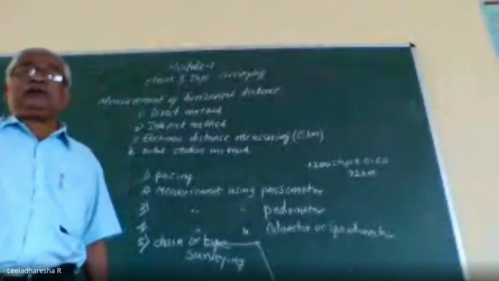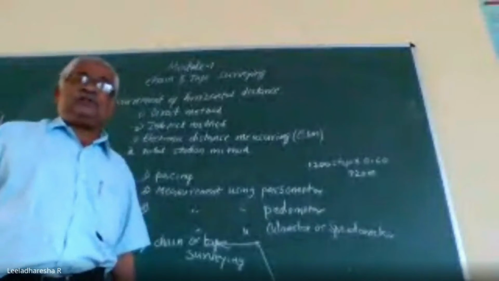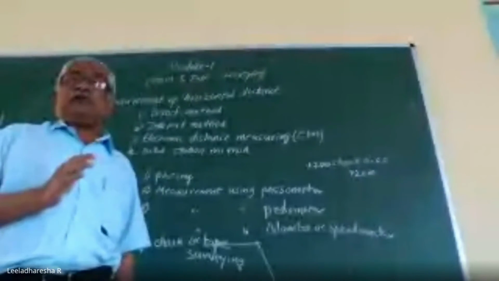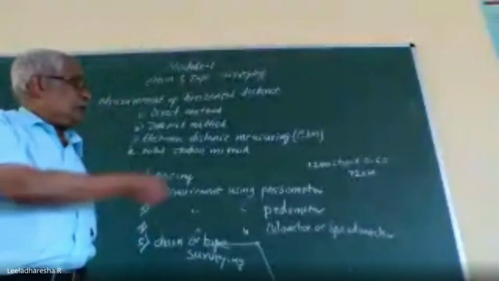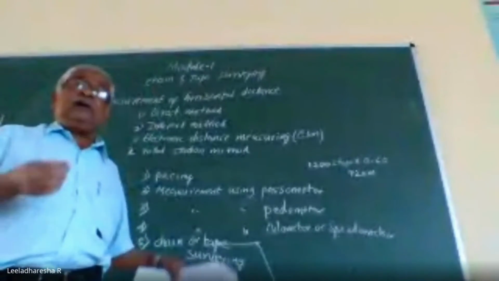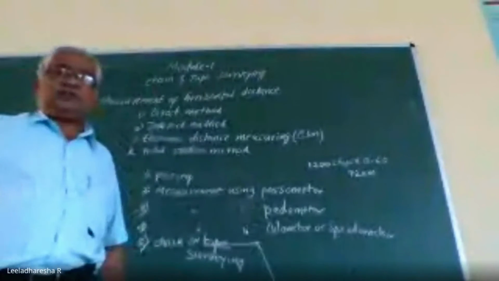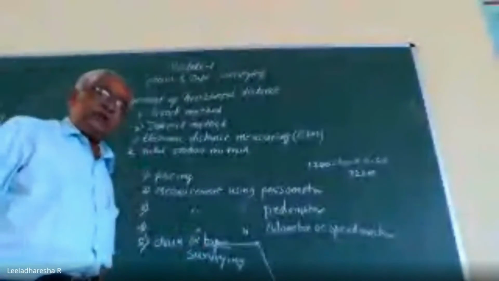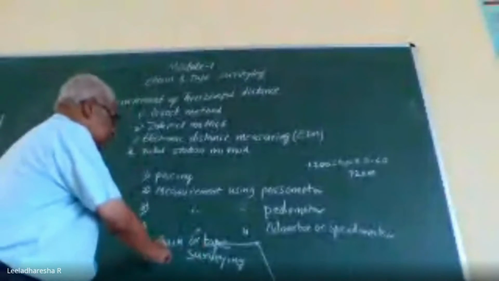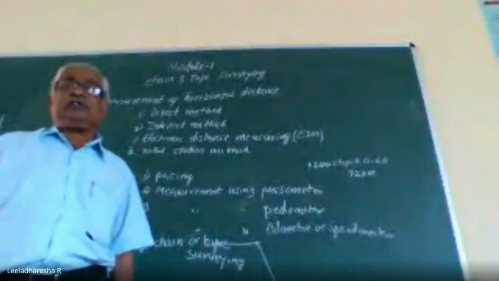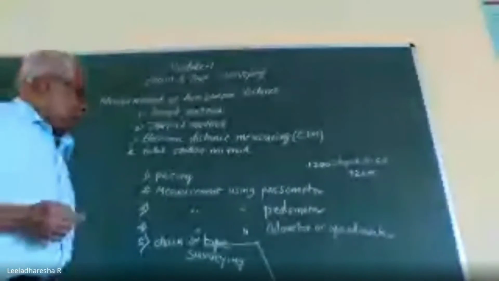So, to have still more accuracy in our measurement of horizontal distances and to use it in all types of ground, say, for example, you cannot move a vehicle everywhere on a hill or in some other conditions, under such cases the very best method of measuring horizontal distance is chain and tape survey. Chain is an instrument, and tape is also an instrument, used to measure horizontal distances.